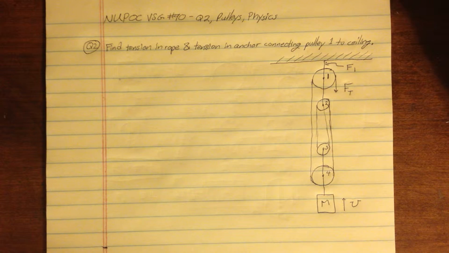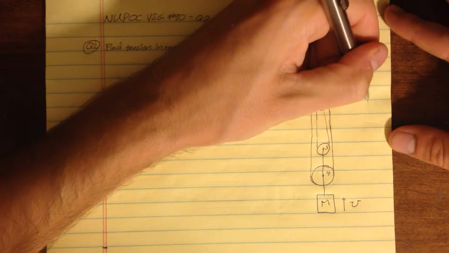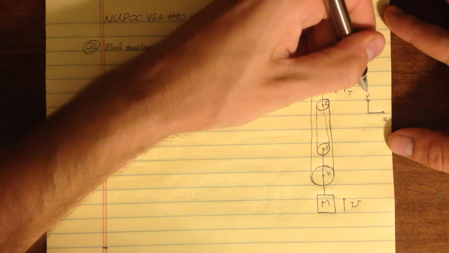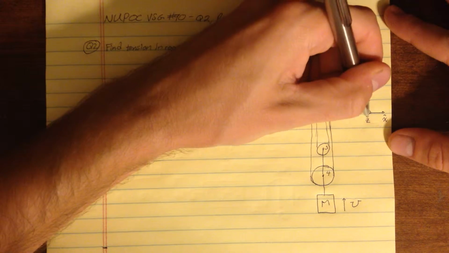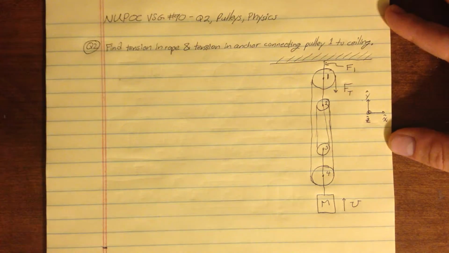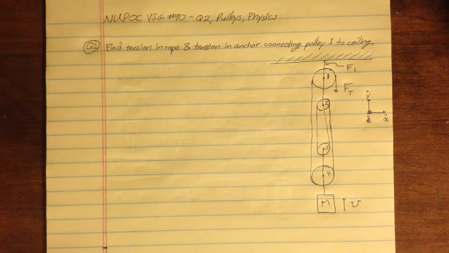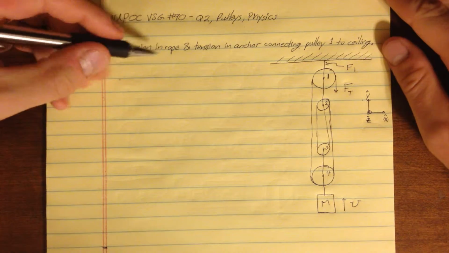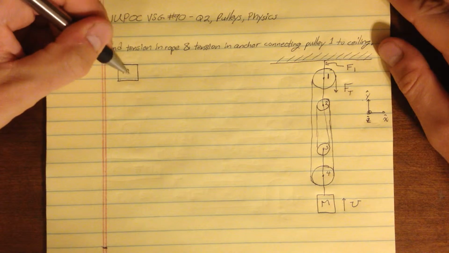So we can sum forces in the y direction with all of these connections between pulleys and all of the tensions in the different portions of the line, and set them equal to 0, and we'll do that at each pulley. That will allow us to solve for the tension in the rope and also in the connection up here.